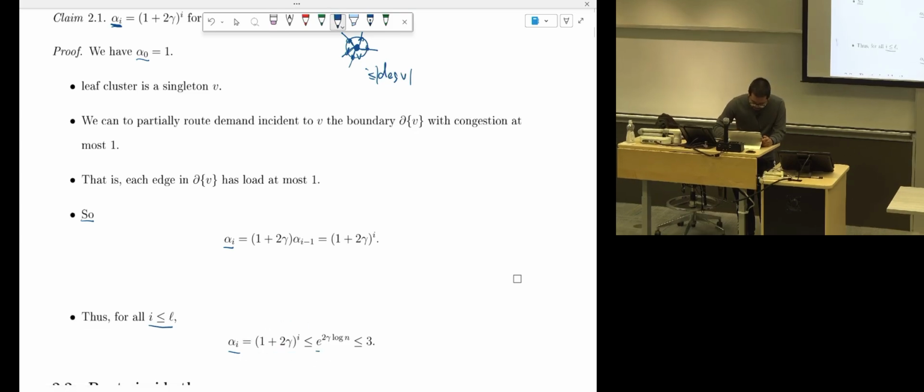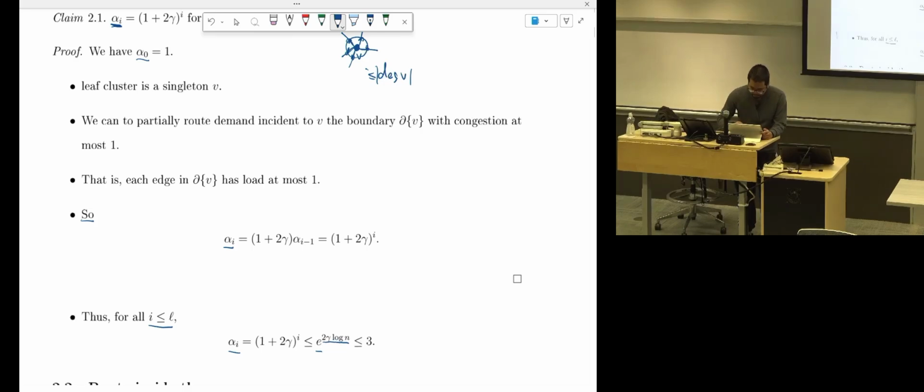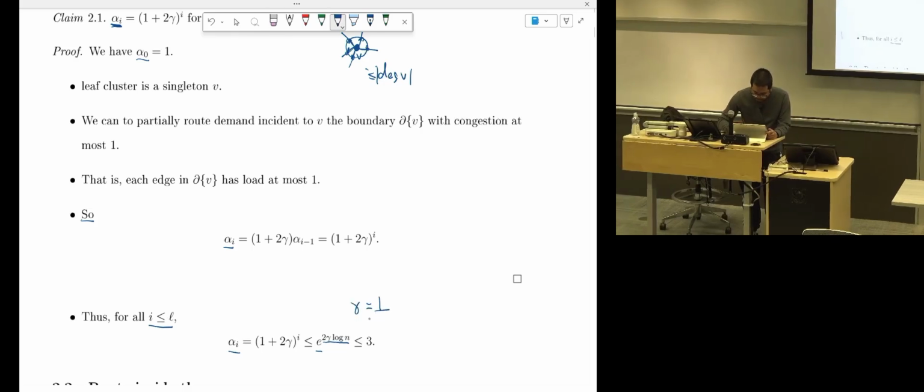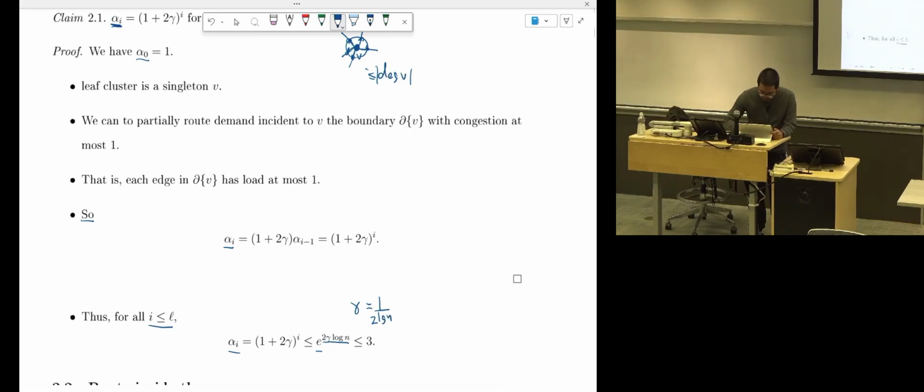This is at most e to the 2 gamma log n. But we set gamma here to be 1 over 2 log n. So this is just at most e, which is less than 3.